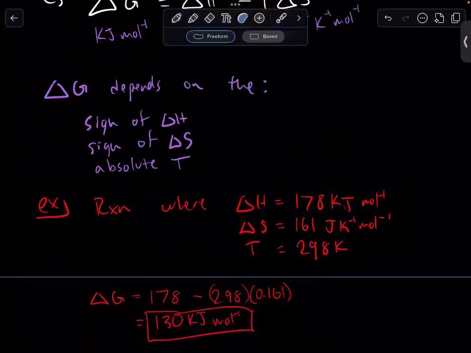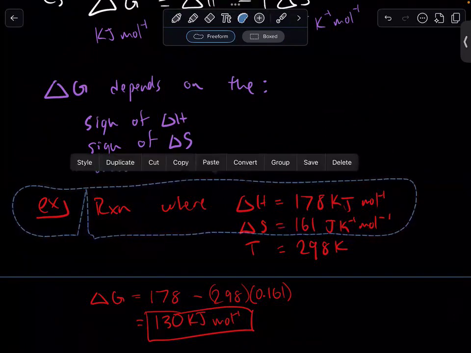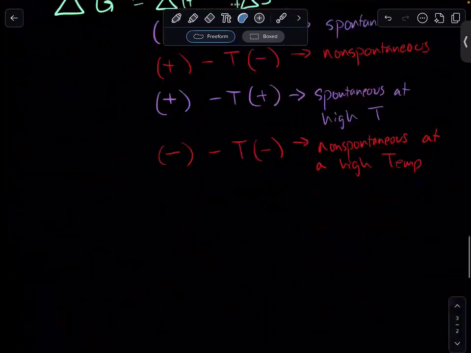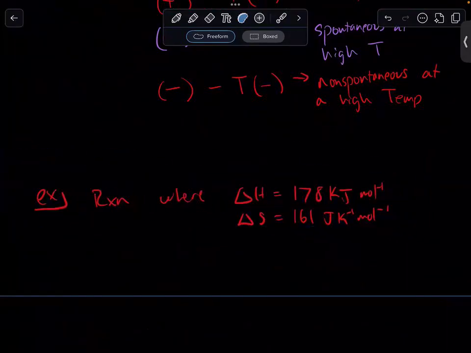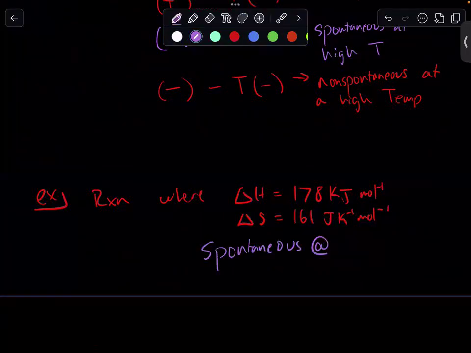I'm going to move these values, but I'm now going to leave temperature behind. So we'll say this is spontaneous at T equals question mark.